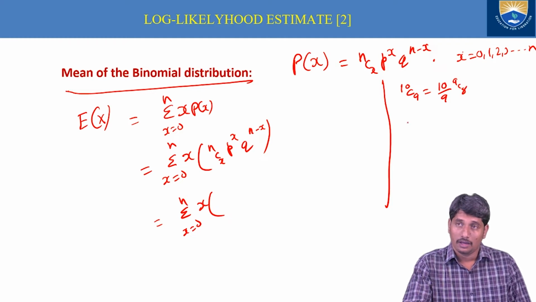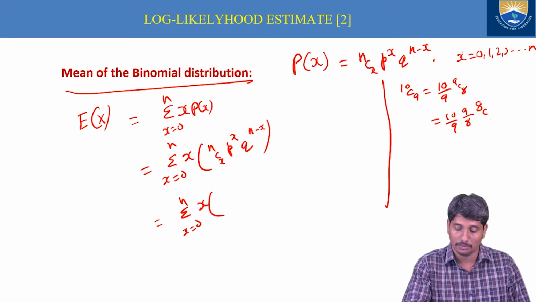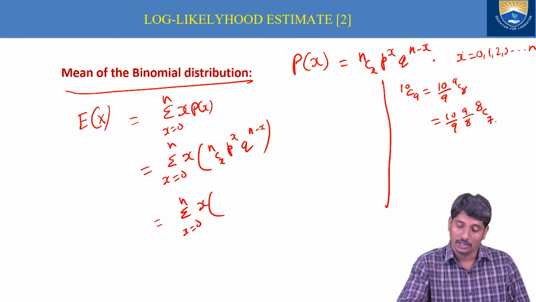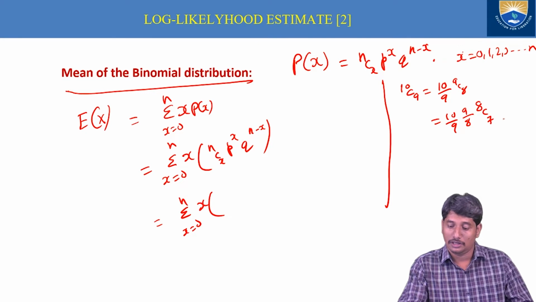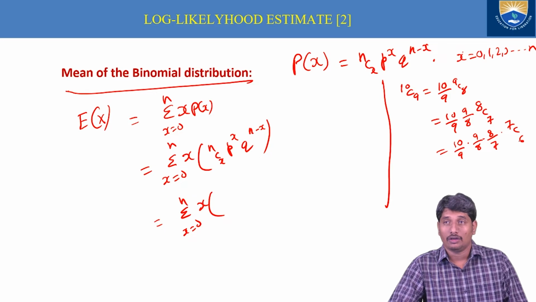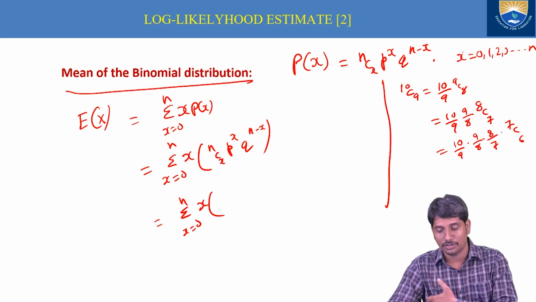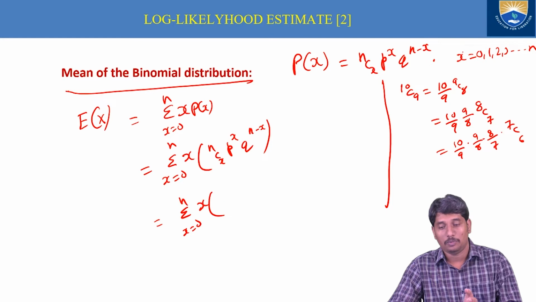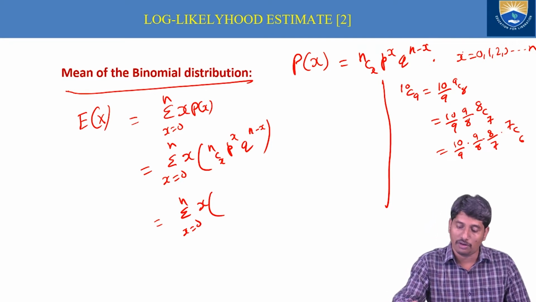If you want to reduce it further, you can write it as 10 by 9 into 9 by 8 into 8c7, and you can further reduce it as 10 by 9 into 9 by 8 into 8 by 7 into 7c6. Okay, in this way you can reduce the combination as many times as possible. This is a formula from combinations.